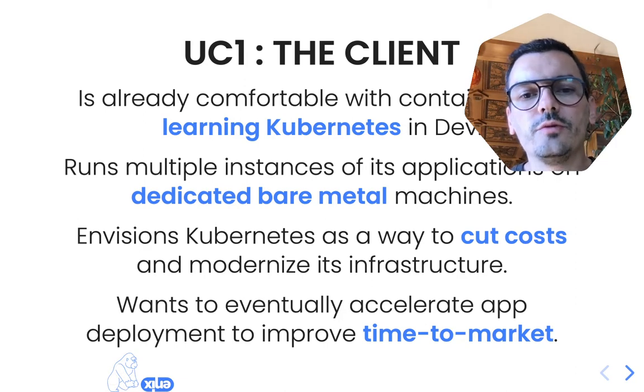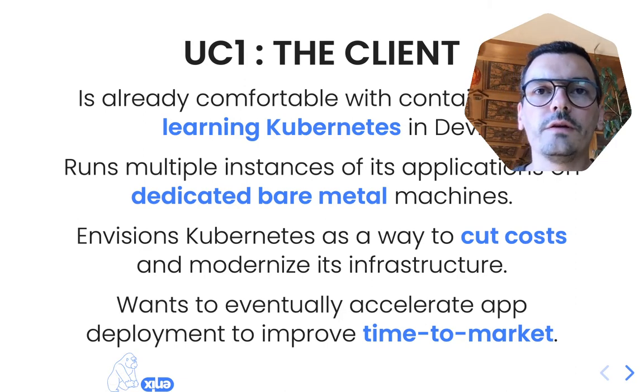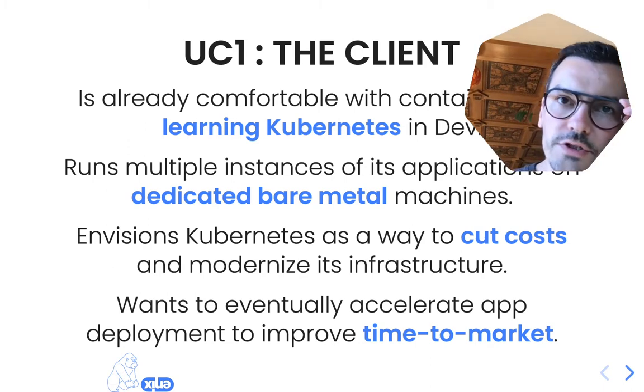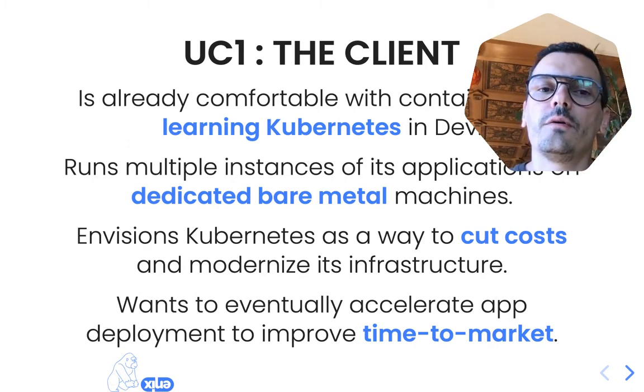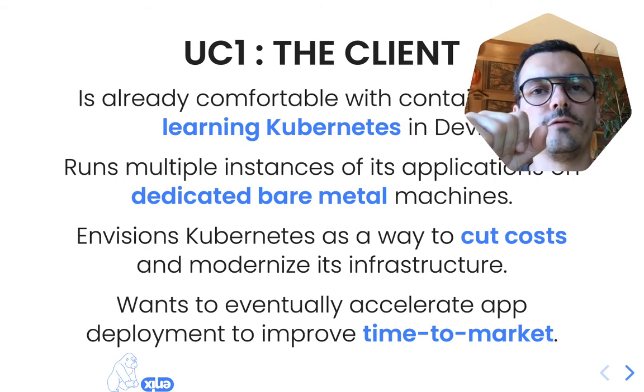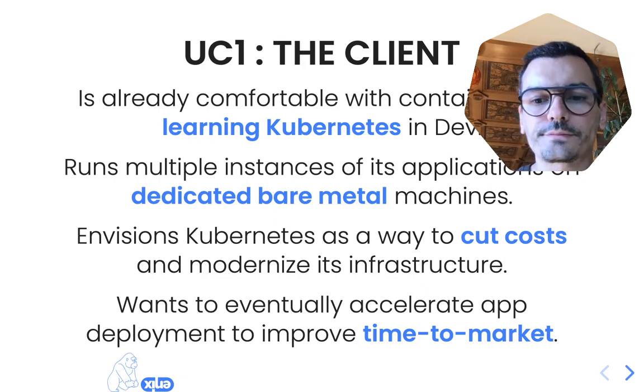And they envisioned Kubernetes as a way to cut costs, to minimize their infrastructure. They wanted to mutualize resources, CPU, RAM, storage, etc. They were also interested in having a better time to market, meaning being able to ship faster and more often.